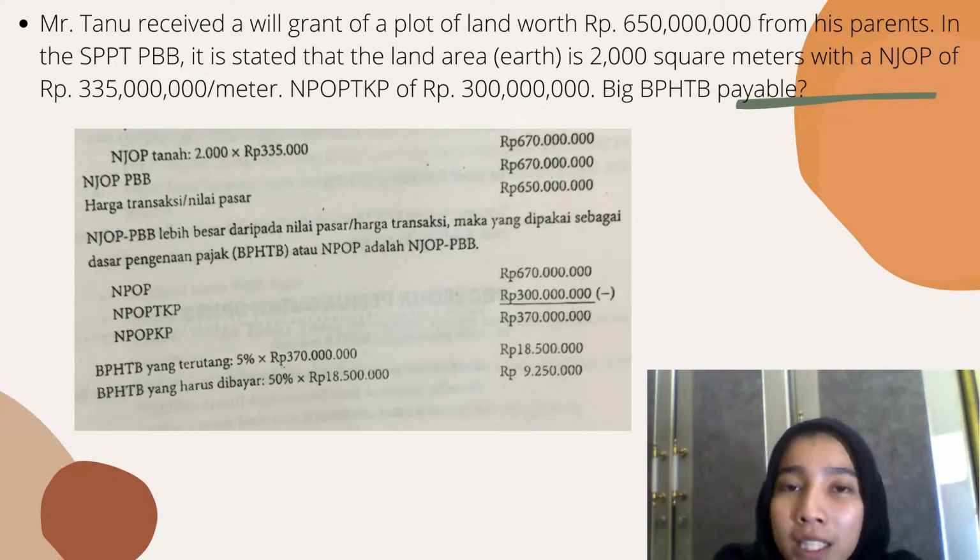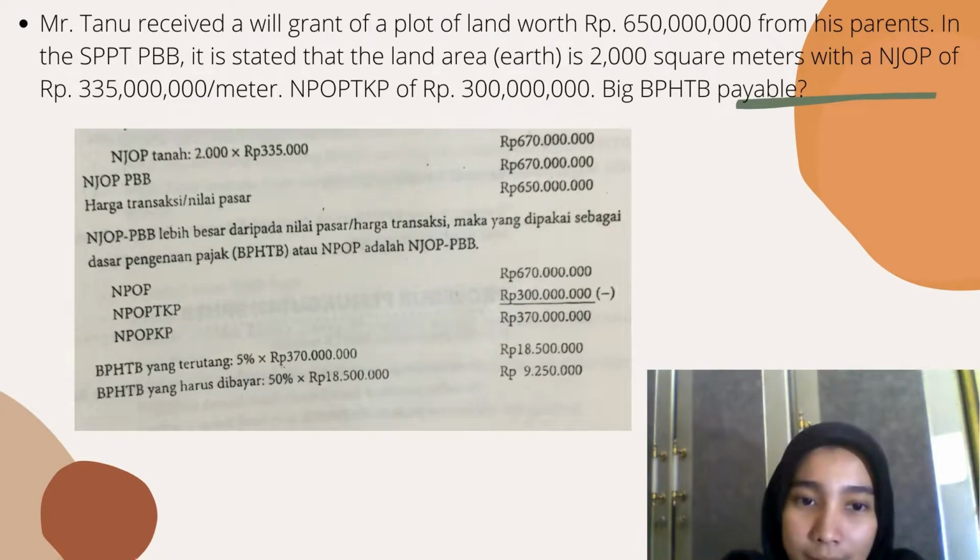The question says the land and building title transfer duty is from his parents. Because it is from his parent, from a gift or heritage, the formula is BPHTB equals 50% times 5% times the BPHTB.